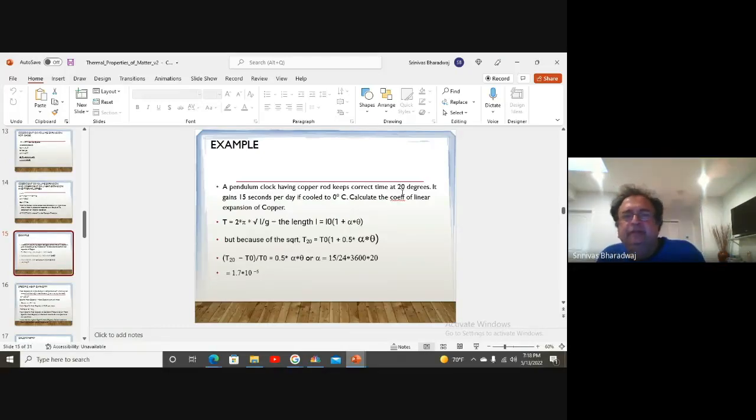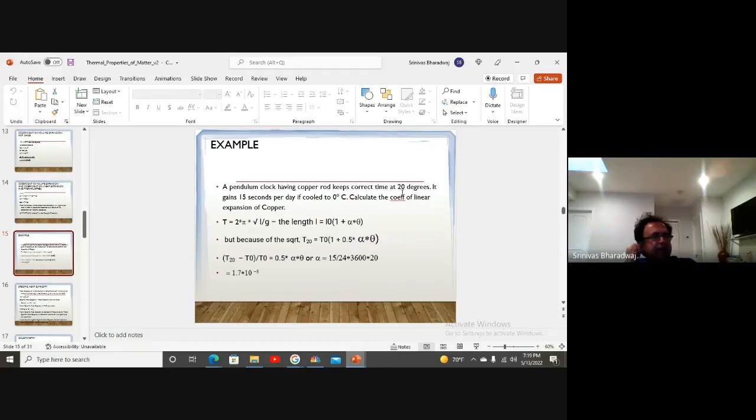20 degrees. So when your copper rod is cooled by 20 degrees, the length is going to decrease, and when the length decreases, the period is going to decrease.